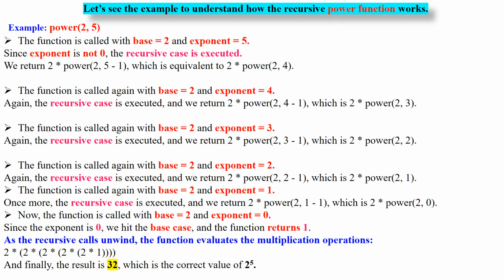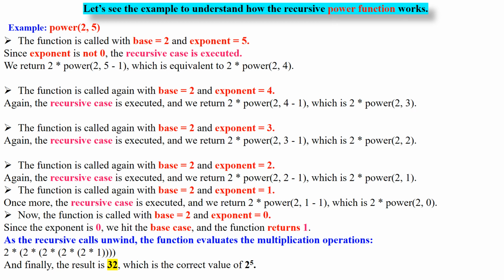We return 2 * power of 2, 5 - 1, which is equivalent to 2 * power of 2, 4. The function is called again with base equals 2 and exponent equals 4. Again, the recursive case is executed, and we return 2 * power of 2, 4 - 1, which is 2 * power of 2, 3.